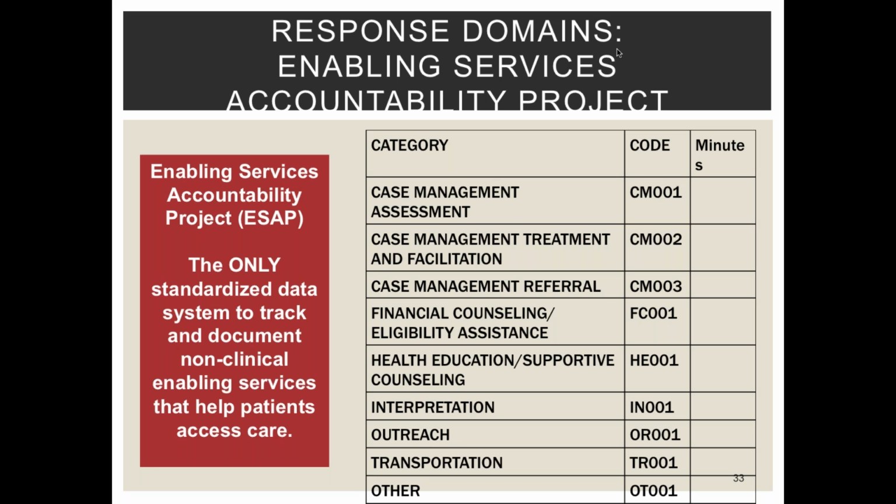On the other hand, I'm going to document that I've provided a referral or a transportation service to this patient, so that when I look later down the road, I see that a need was identified and something was done at the health center level, and time was spent by health center staff to address this non-clinical need of the patient.